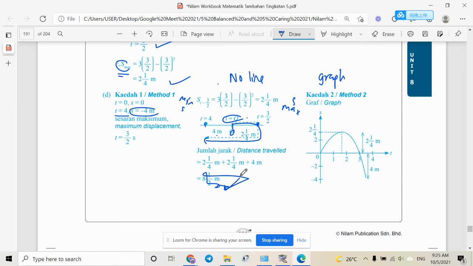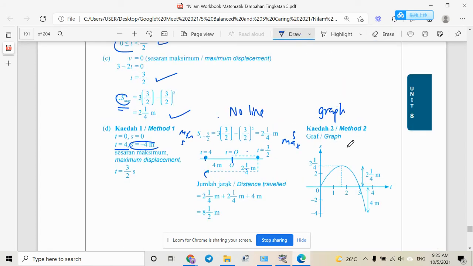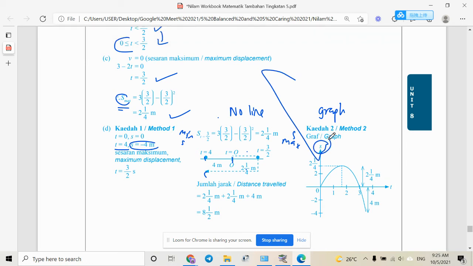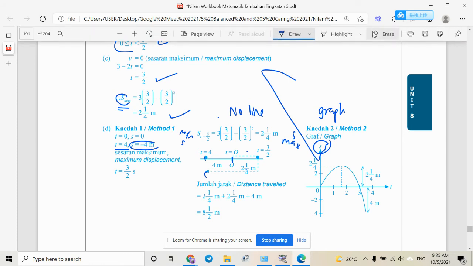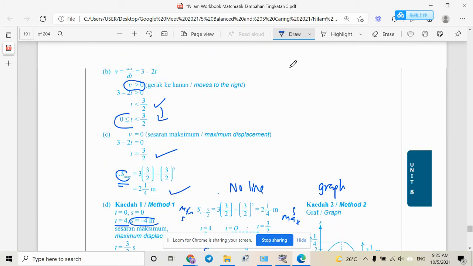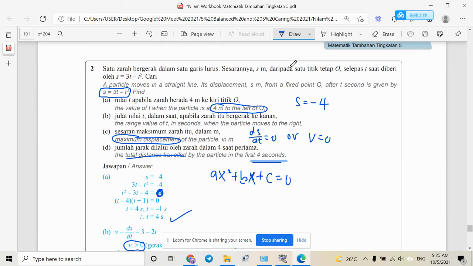And then if you don't want to use method number 1, you can use method number 2 by drawing the graph. So how we draw this graph? So this graph is displacement graph. So if it is displacement graph, what you do? How you draw the graph? Displacement equation is a quadratic equation. Look back here. It's a quadratic equation.